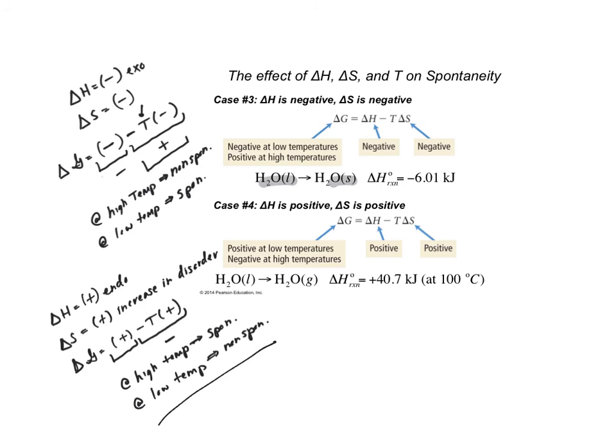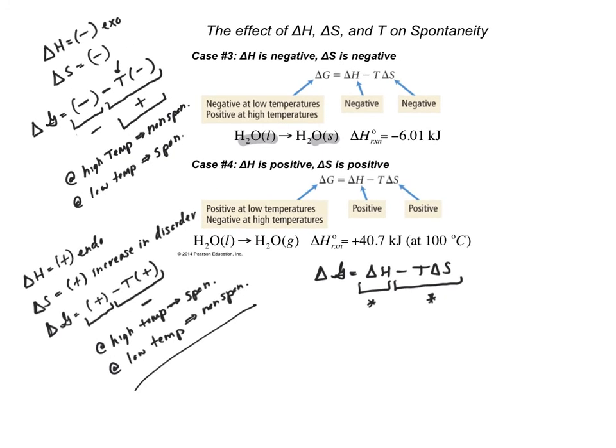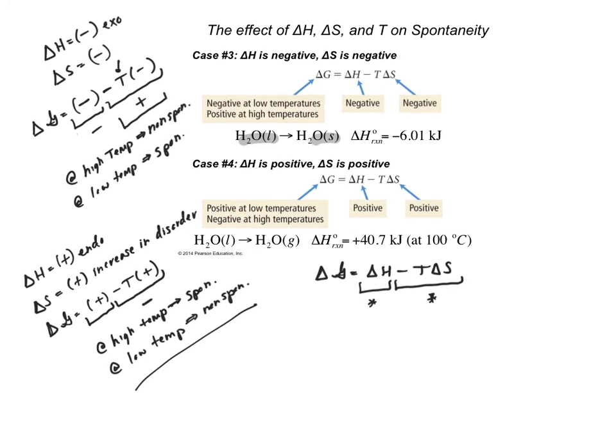So for case number 4, we have, again, delta G is equal to delta H minus T delta S. And if I wanted to figure out at what temperature this thing becomes bigger than this thing, how would I do that? If I know delta S and delta H.